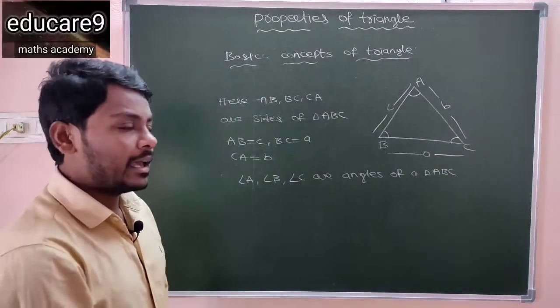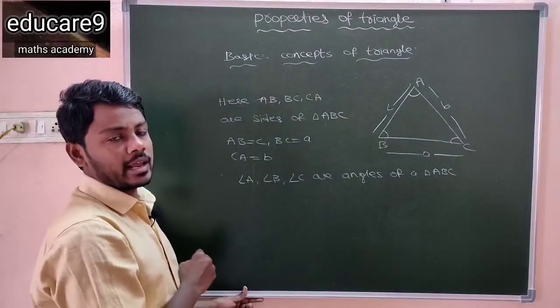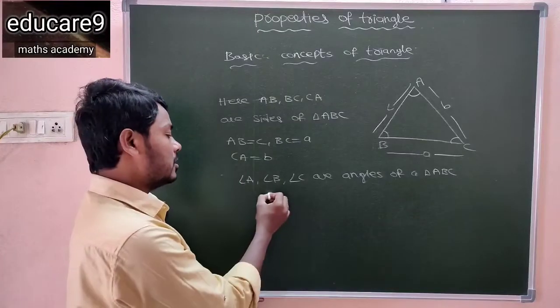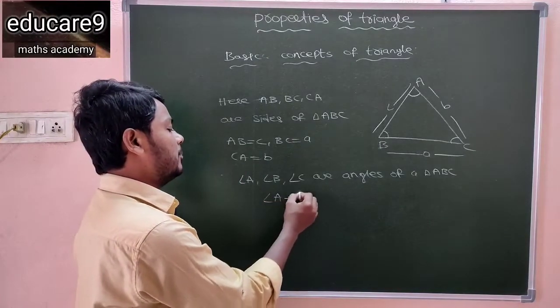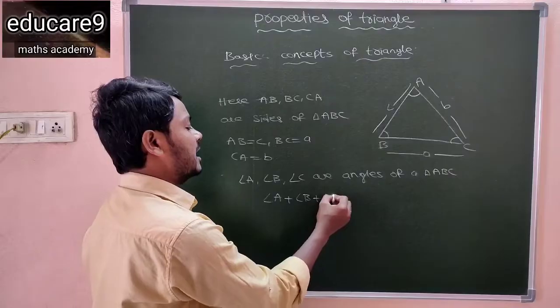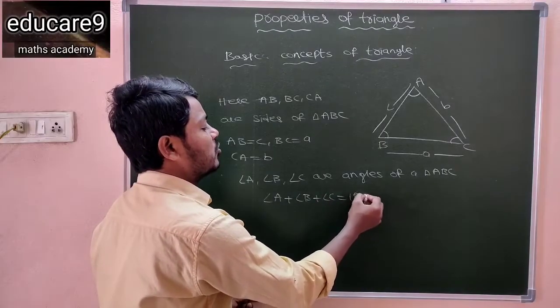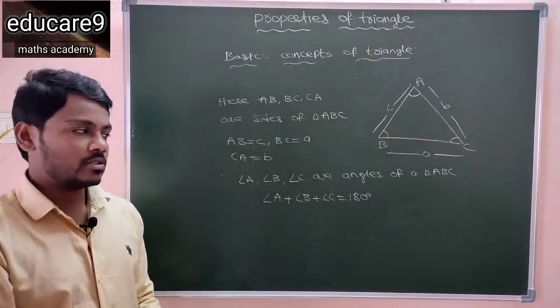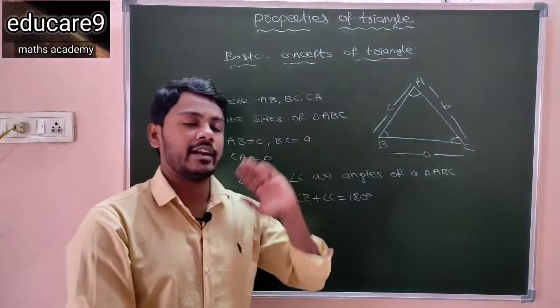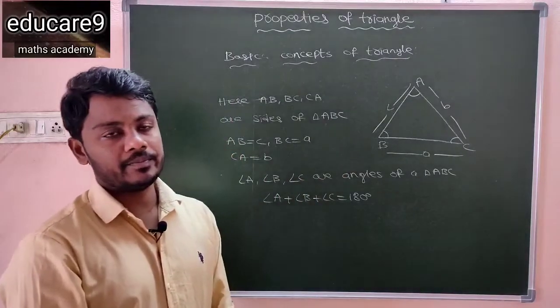And the sum of the interior angles of a triangle, that is angle A plus angle B plus angle C, is equal to 180 degrees. So the sum of the interior angles of a triangle is 180.